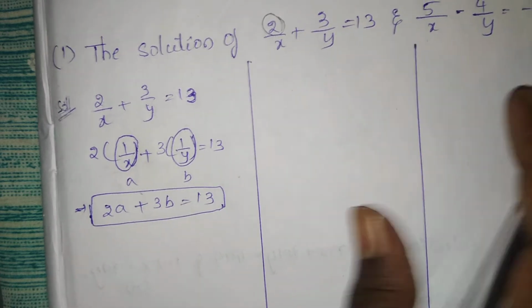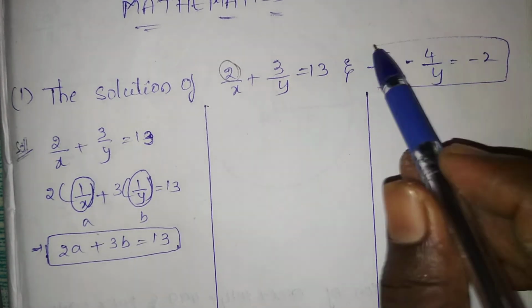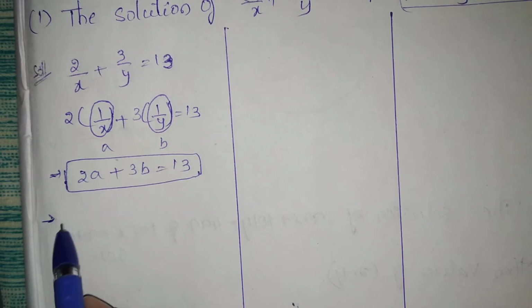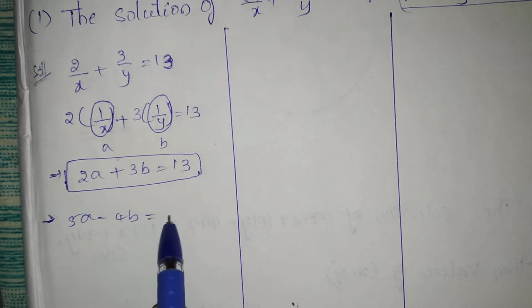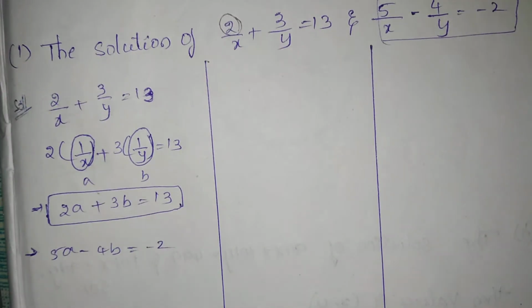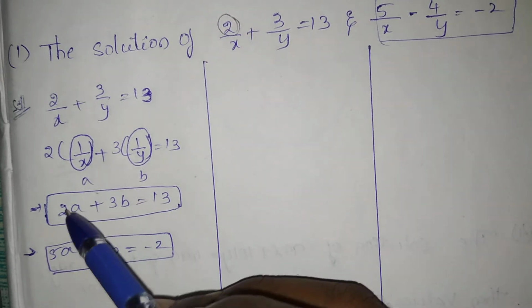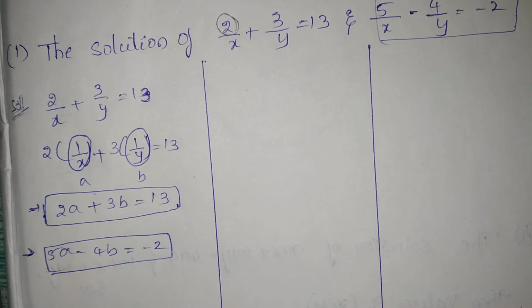In the similar way, I am going to do this equation. That equation becomes 5a minus 4b is equal to minus 2. And we found that 2a plus 3b is equal to 13 and 5a minus 4b is equal to minus 2.